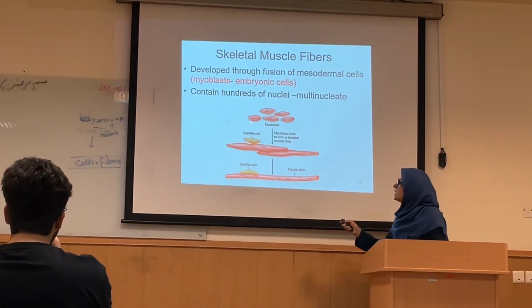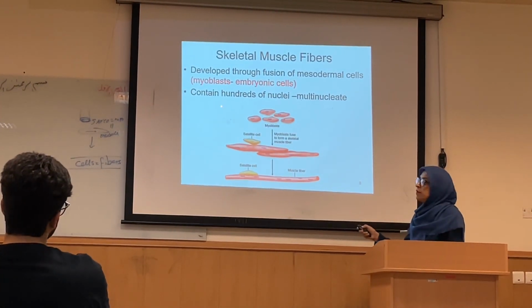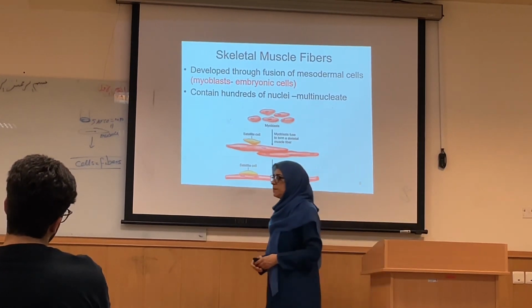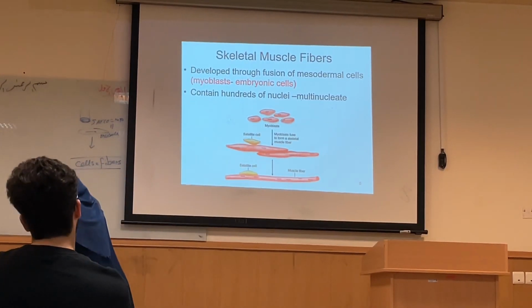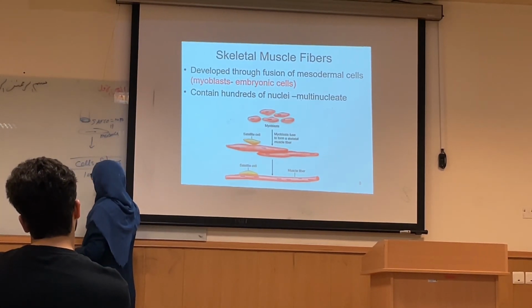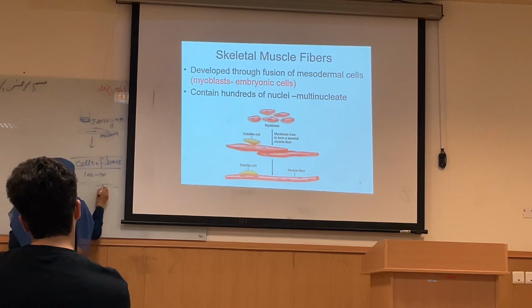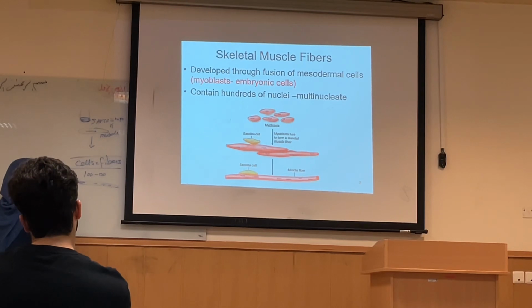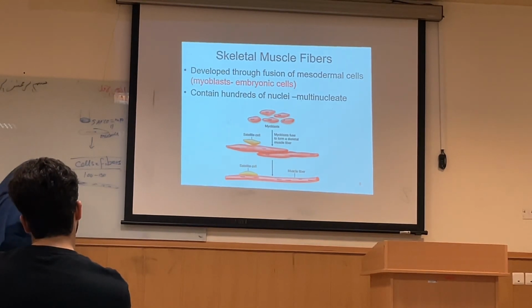The myoblasts in the skeletal muscle fuse together. Around maybe 100 to 150 of them fuse together and form a very long fiber with lots of nuclei.